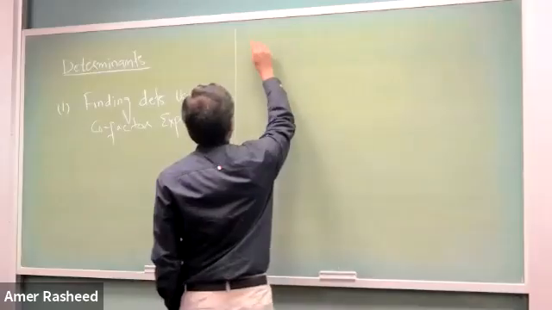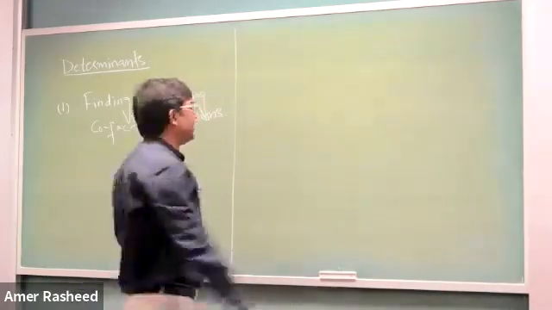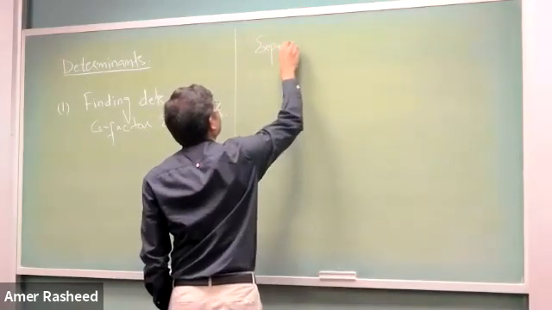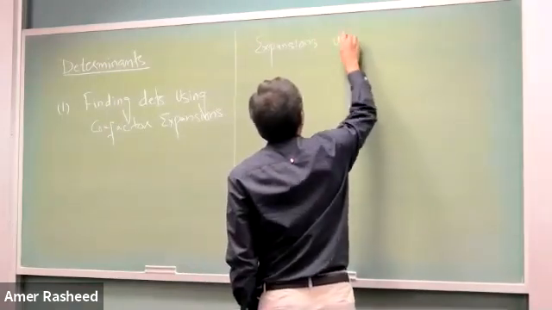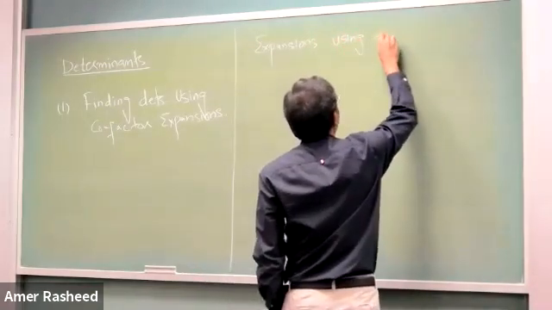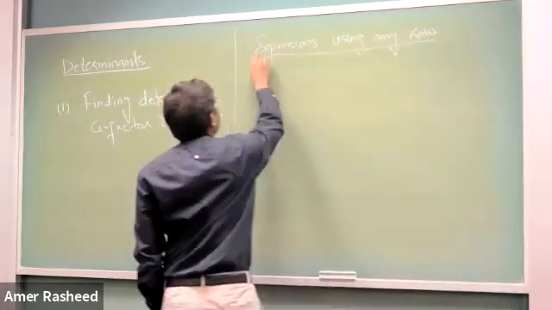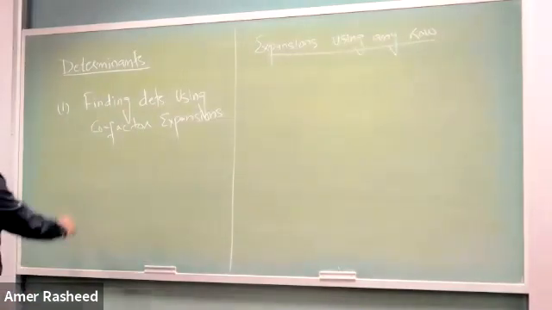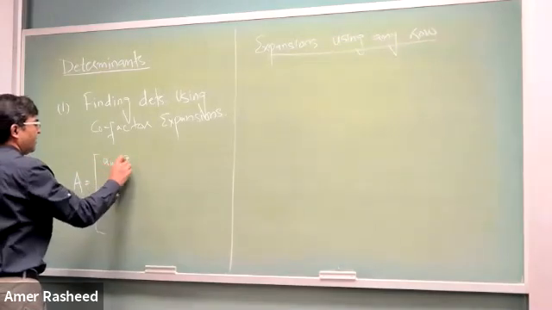So how do we write an expansion with respect to some particular row of that determinant? Expansions using any row to find the determinant.